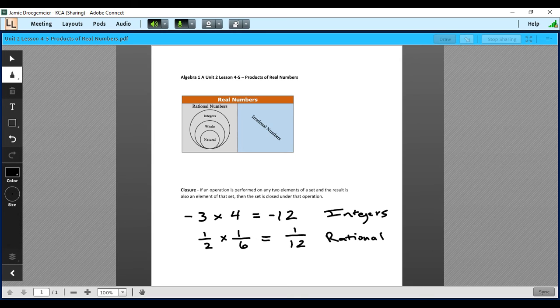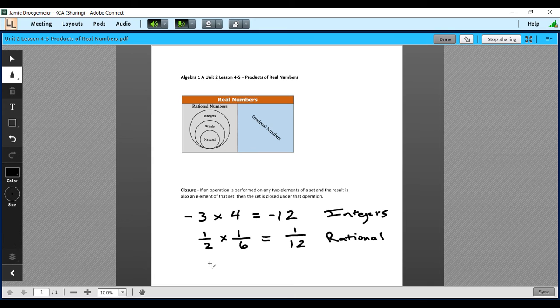And then the other part of this lesson that they go into is talking about, well, what if we multiply a rational number times an irrational number? And they go through the proof of this in your lesson.